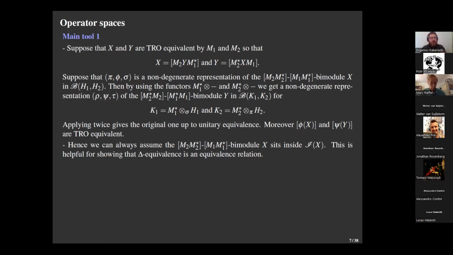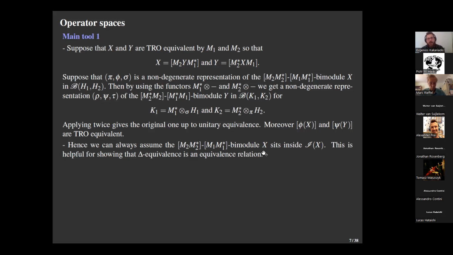So when you start with two TRO equivalent spaces, what you can conveniently or canonically do is fix one completely isometric representation of one operator space, and then build another completely isometric representation for the other operator space Y, so that they are TRO equivalent. So in some sense, you have control of the universe of one operator space, and you can construct the other.